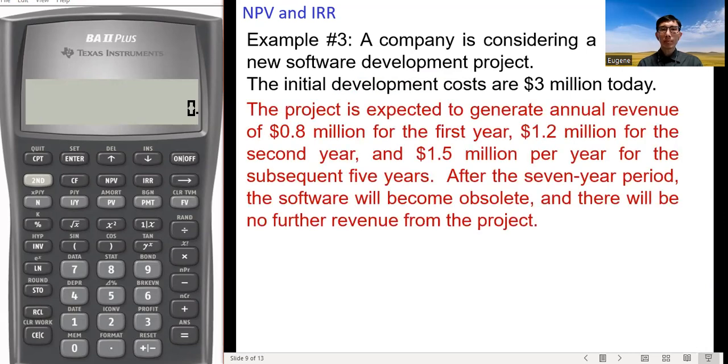The project is expected to generate annual revenue of $0.8 million for the first year, $1.2 million for the second year, and $1.5 million per year for the subsequent 5 years. After the 7-year period, the software will become obsolete, and there will be no further revenue from the project.